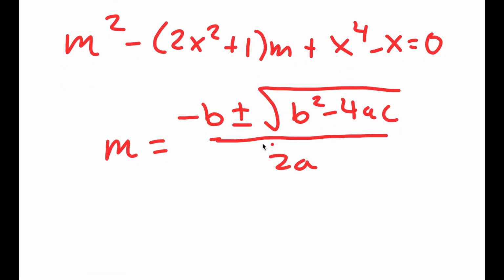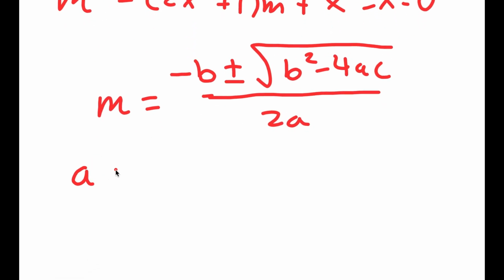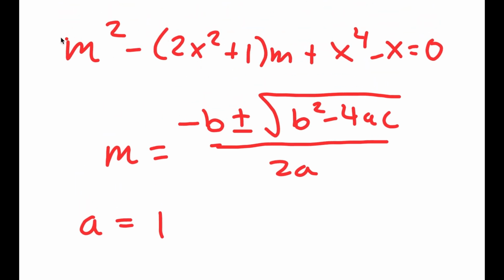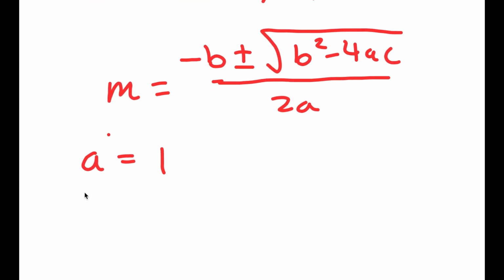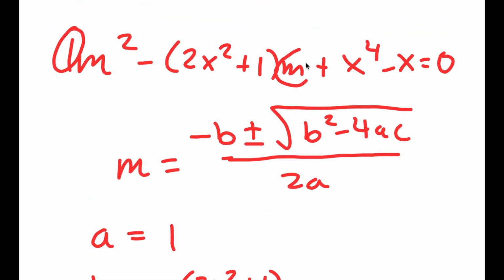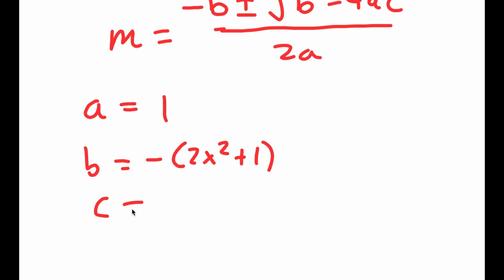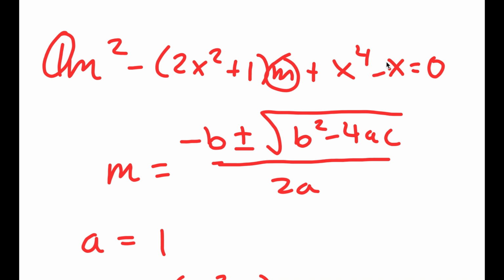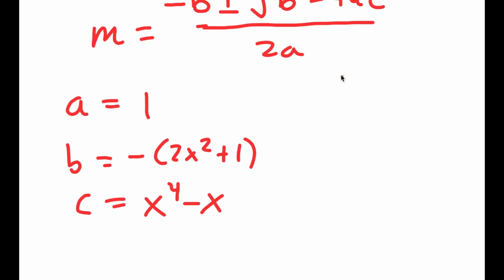And in this case, a is equal to 1, b is equal to negative (2x squared plus 1), which is what we have here, and c is simply equal to x to the power 4 minus x, because in this case, x is just a constant.